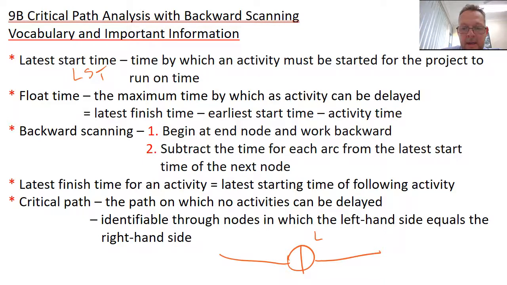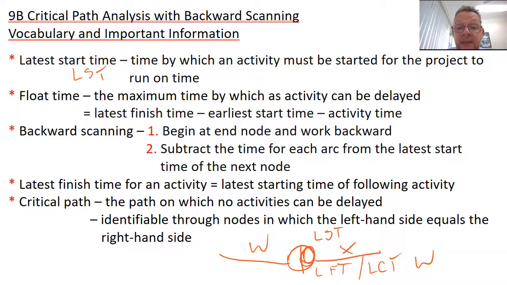So that's our latest start time for X, but this will be our latest finish time. Sometimes we call it latest completion time for W. And this will be on the right-hand side of the node. And the critical path is the path at which no activities can be delayed.